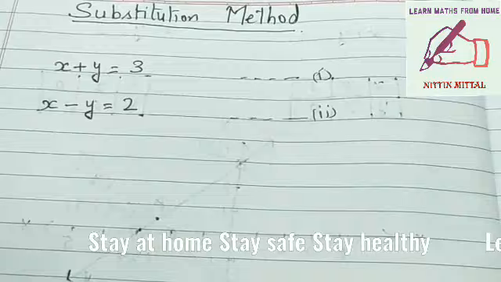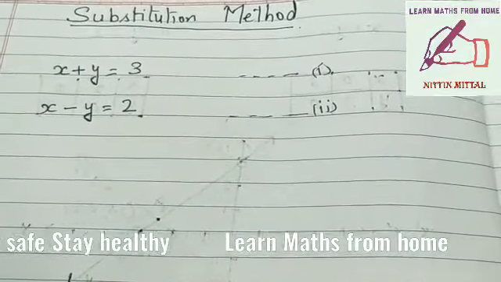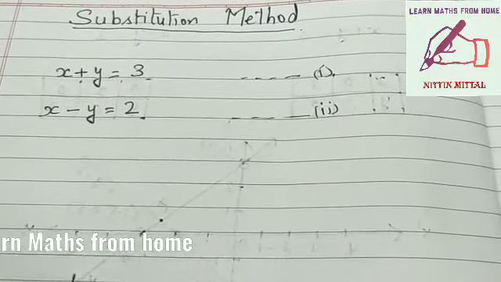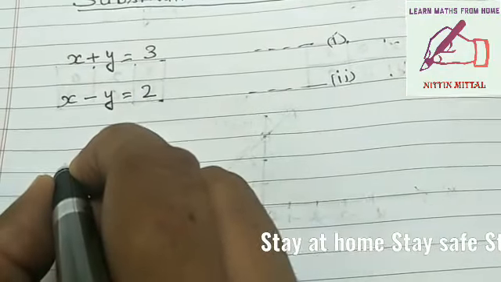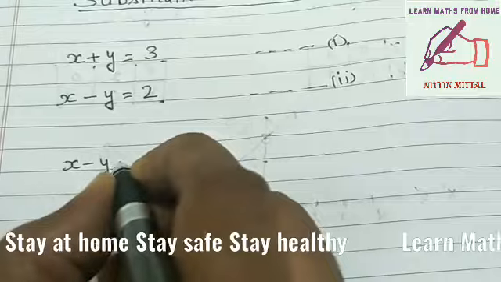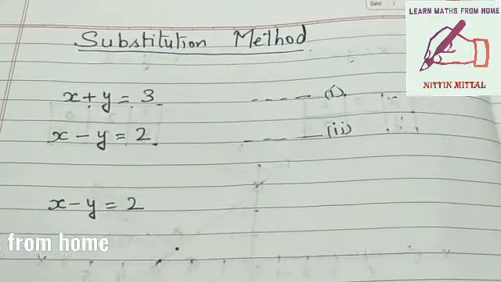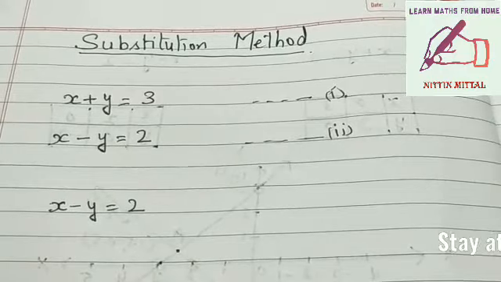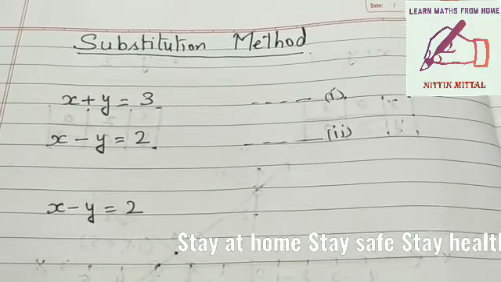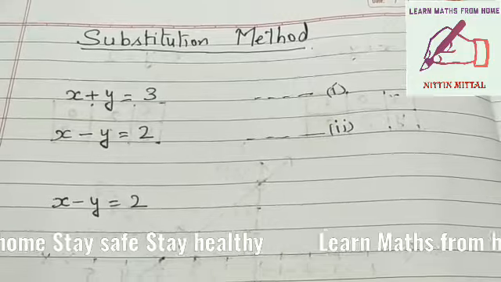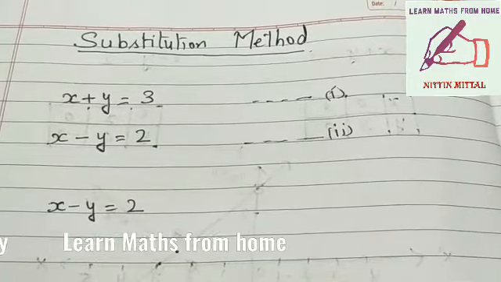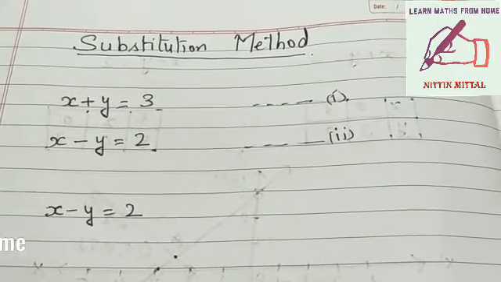You have to select one equation, any of the two, it's up to you, it's your choice. I am selecting the second equation, x minus y equal to 2. Now the substitution method you can further classify in two ways: one, substituting x, or substituting y.